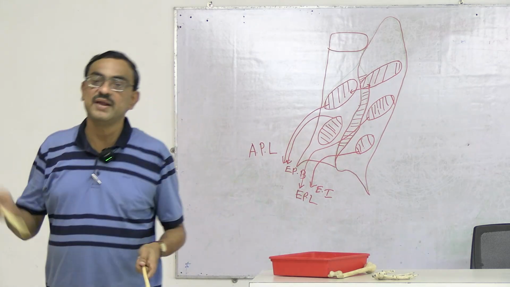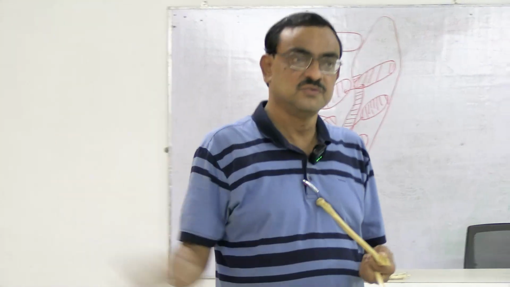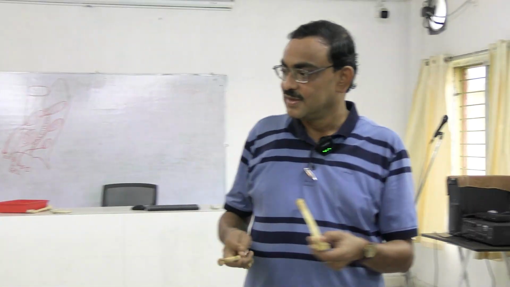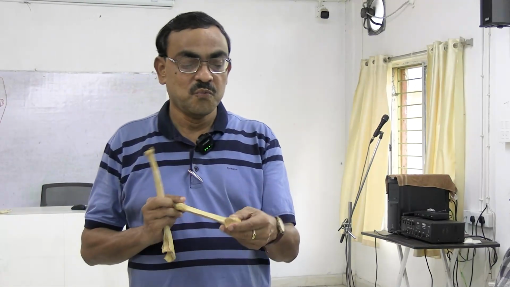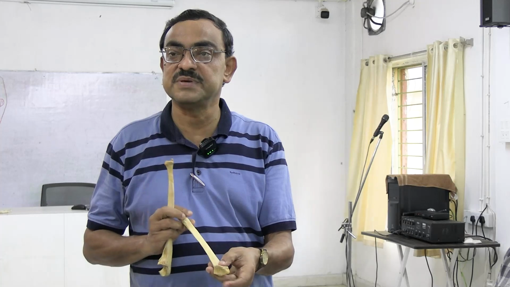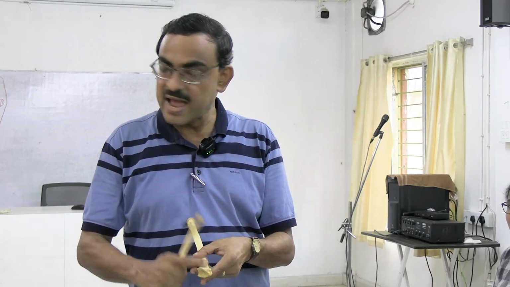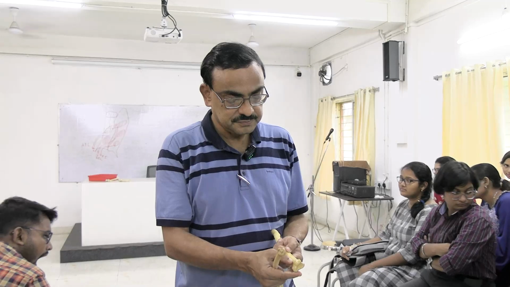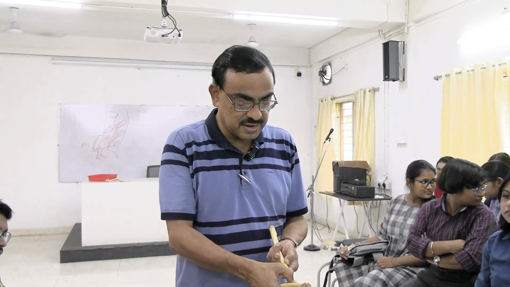Now come to the lower end. Forget everything. If you don't remember, you will understand later. In the lower end, we can find there are four surfaces. One is the anterior surface, one is the posterior surface, and the posterior surface is very rough. In the posterior surface, we can find one tubercle.